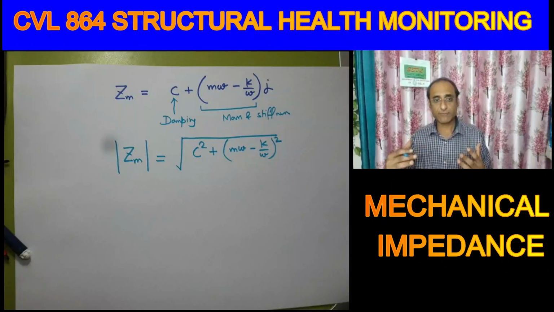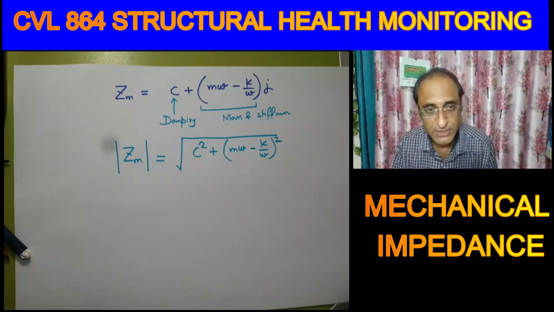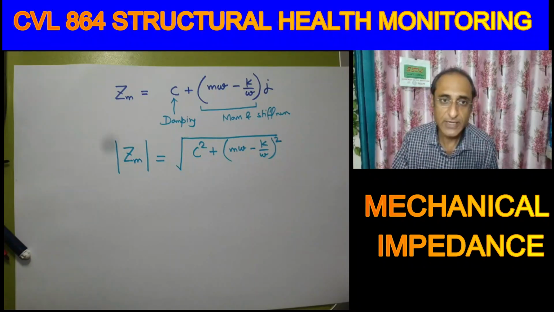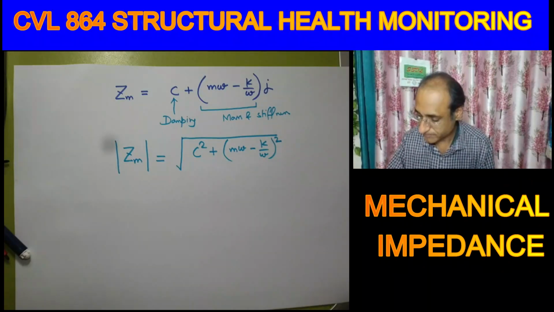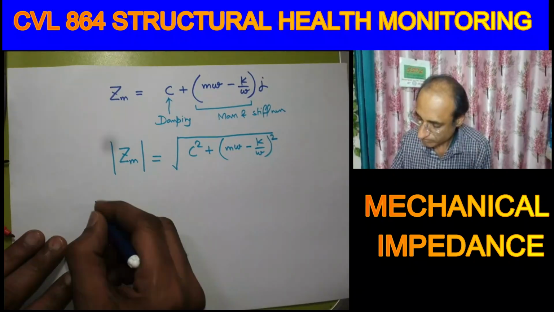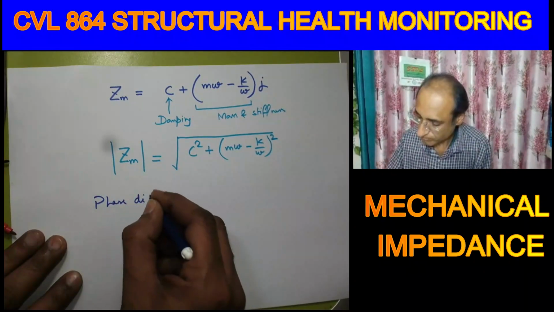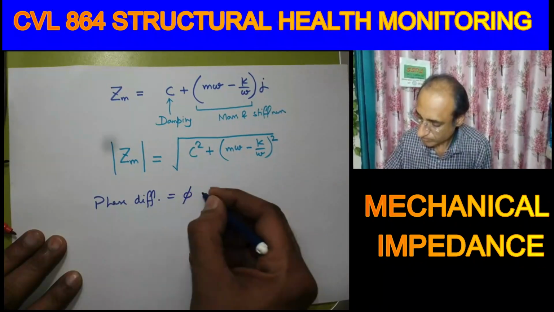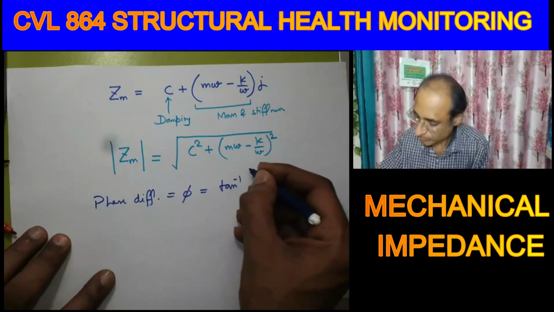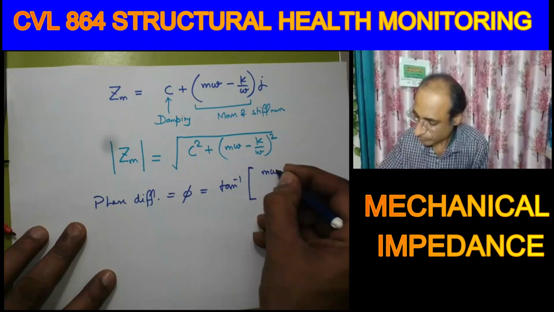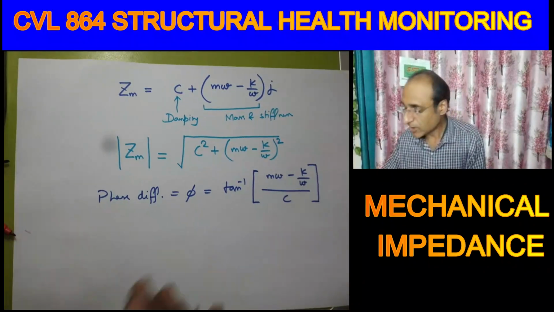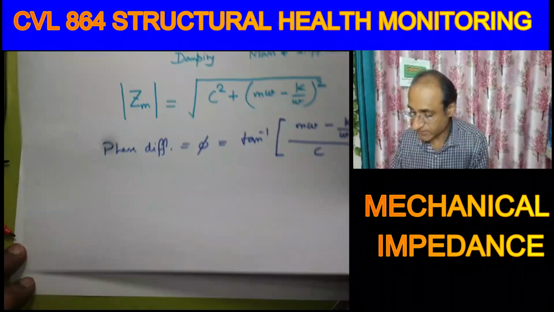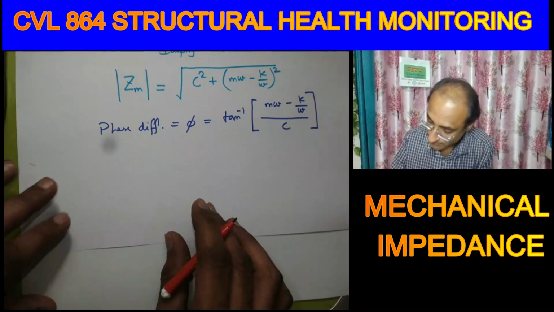And if we are applying some force, then the resulting velocity will have a phase difference with the applied force, and the phase difference will be given by, okay. Now let me ask you, how can we define mechanical impedance? Is there any way we can define mechanical impedance?